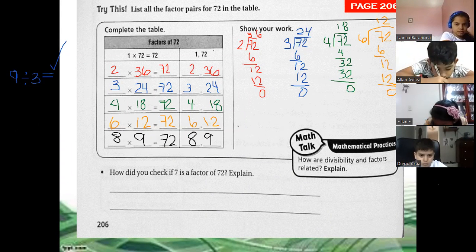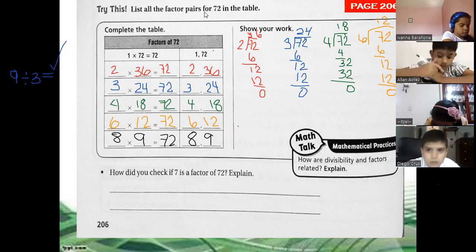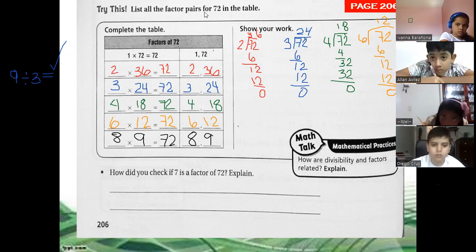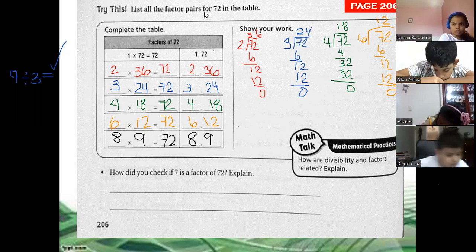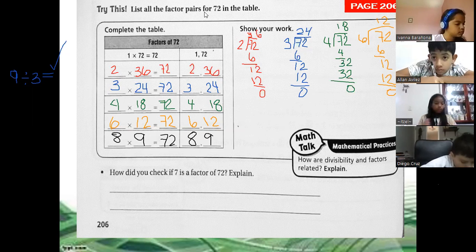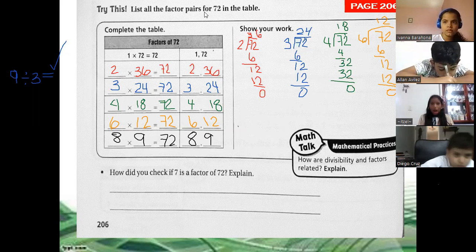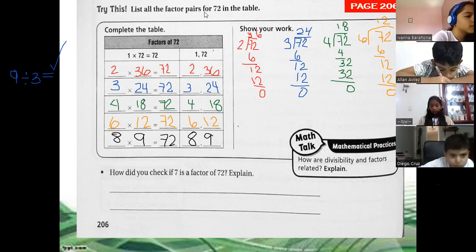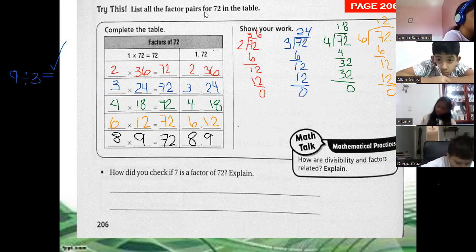Did you finish? Because I need to change this. You need a color in the next page. One color. I finished, Miss. Okay, who is copying?